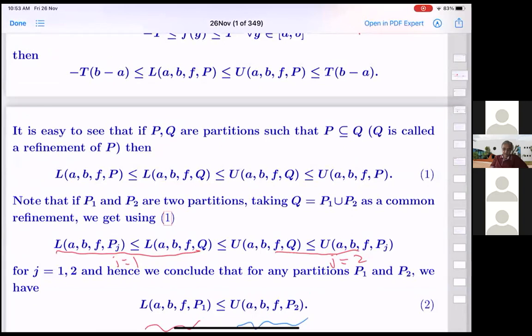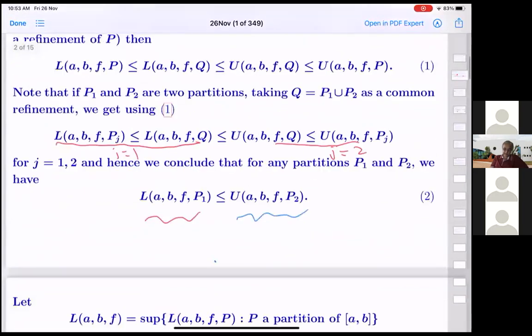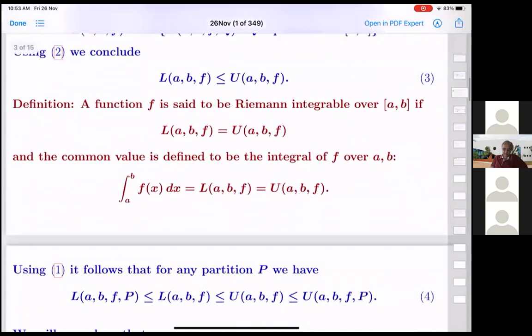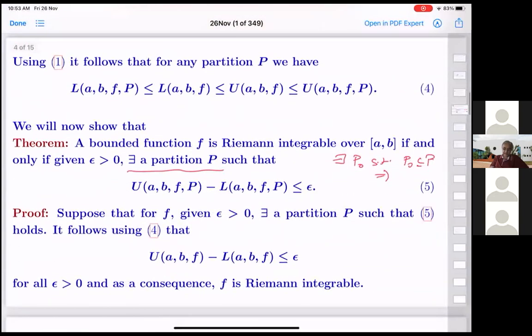If P is refined to Q, the distance between upper and lower for Q is always less than or equal to that for P. So it's simplest to say that given epsilon, there is a partition for which the difference between the upper and lower bound is less than epsilon. That's it. It follows that for any refined partition the same property will be true.